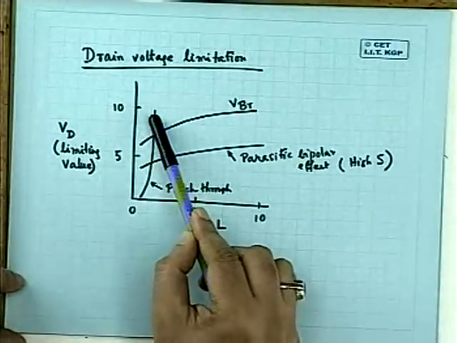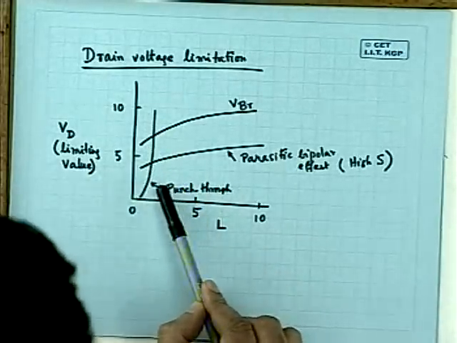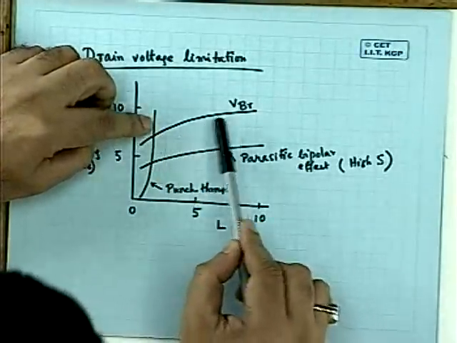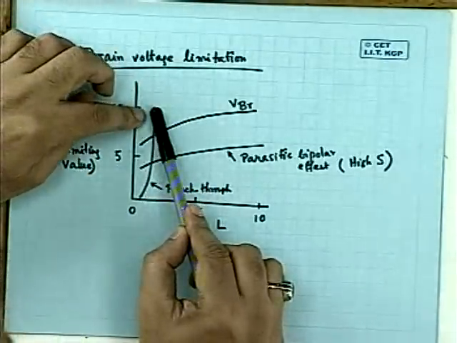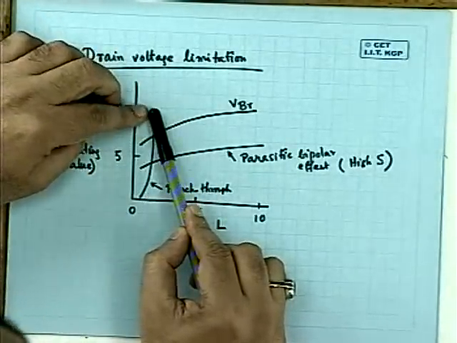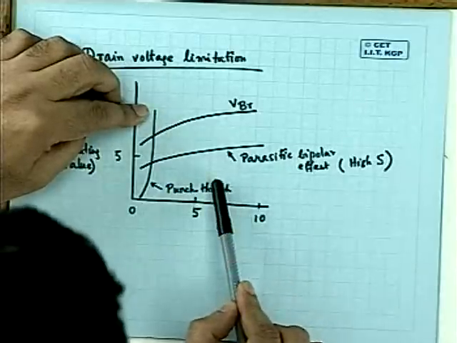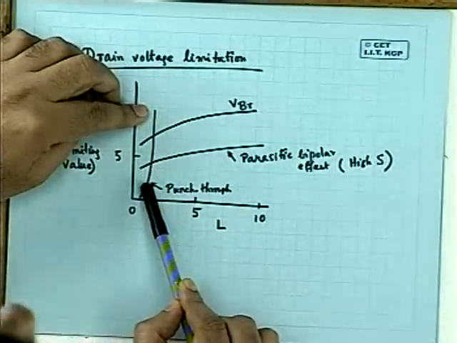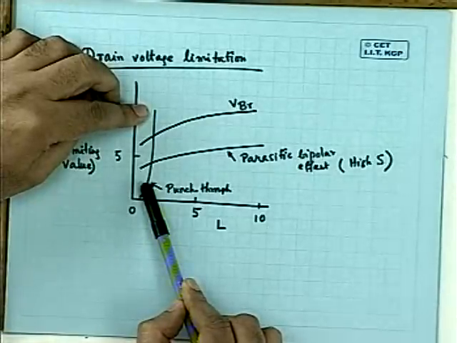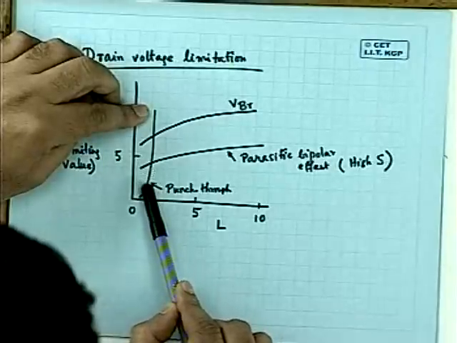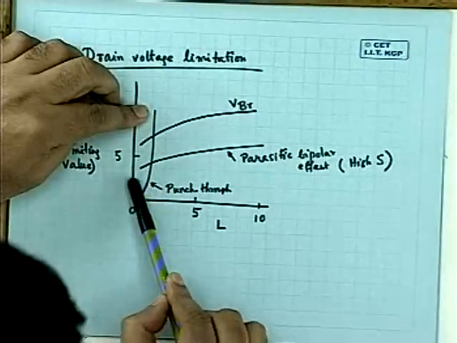Similarly, another thing comes in, the punch-through voltage. For a large channel length, the punch-through voltage is usually very high and you are not bothered about that. But as you reduce the length, the punch-through voltage starts falling quickly. So you should be careful. You may have to remain in this particular region.